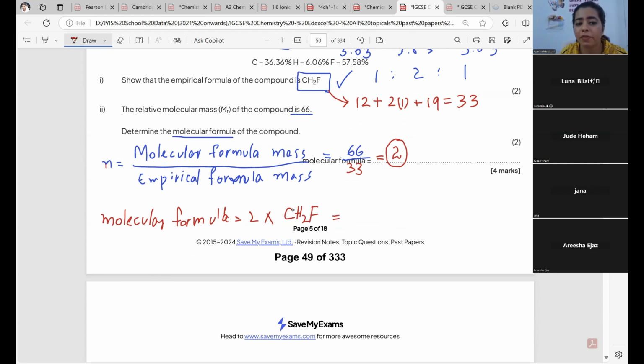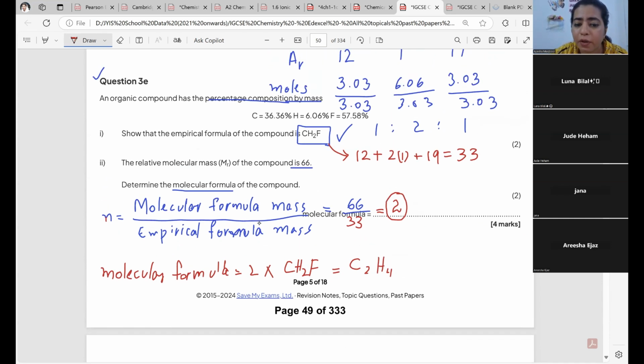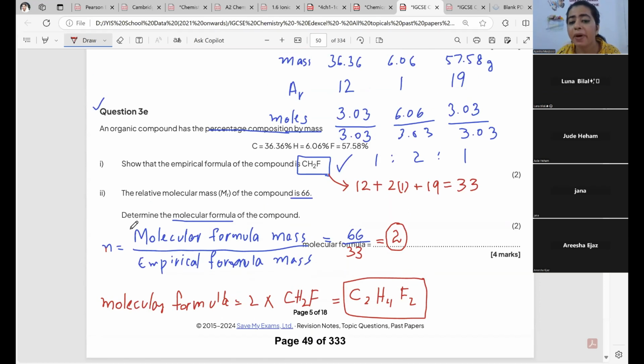It means double the numbers. Carbon is 1, multiplied by 2, carbon becomes 2. Hydrogen is 2, doubled it is 4. Fluorine is 1, it becomes 2. So this is the molecular formula. So n is the number by which the empirical formula was simplified.